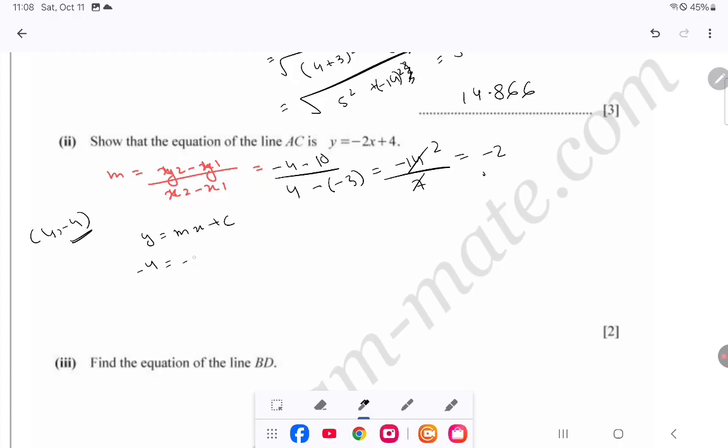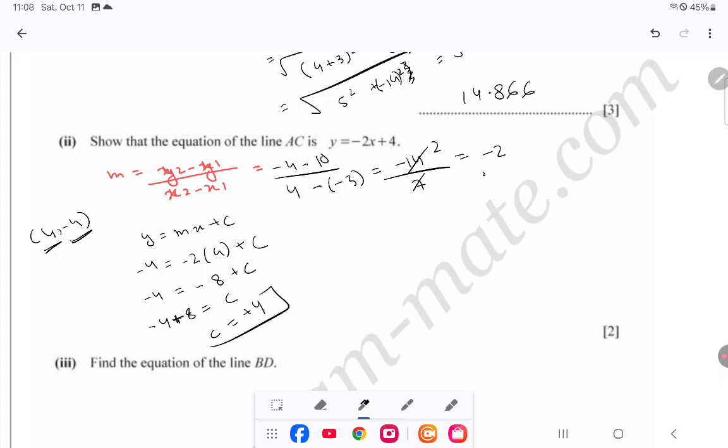M we just calculated negative of 2, and x is 4 right here. Now plus C, negative of 4 is equal to negative of 8 plus C. Add 8 to both sides. This is plus sign. We will be left with C is equal to positive of 4.